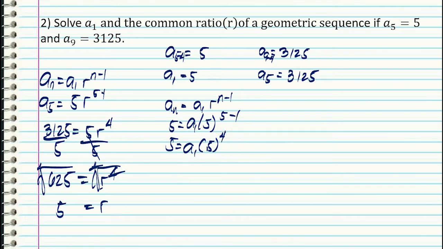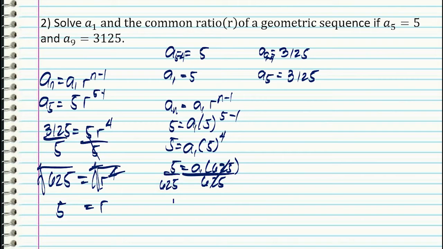Then we have to multiply 5 by itself 4 times. By doing this, we will have 625. And to remove 625 on this side, we have to divide both sides by 625.